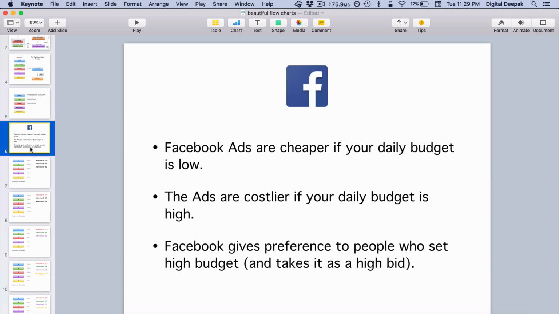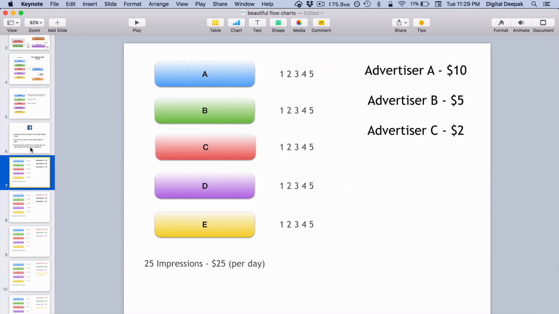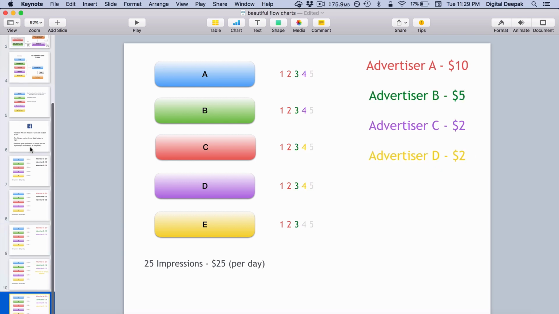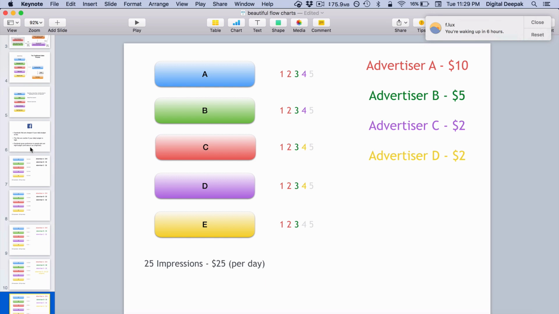So this video is obviously not for everyone, but if you are a bit inclined on mathematics, then you will find this video interesting. And if you have thought about why Facebook ad cost fluctuates, then this gives you some food for thought. Obviously my model is not complex enough, because if I make it too complex, then many people cannot understand what I am trying to say, and I cannot make it too simple than this either.